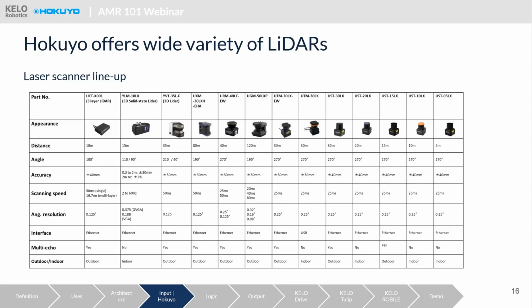There are also many models designed for outdoor applications like USD 30LX, URM, UXM, and UGM series. These outdoor models have a higher rating, IP67, and a multi-echo function, which enables you to filter out dust and rain.